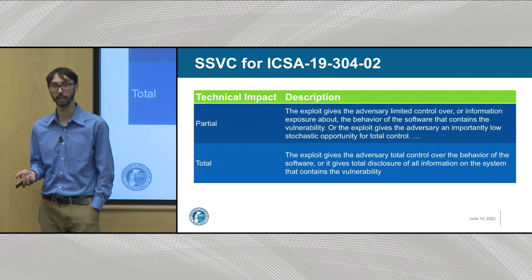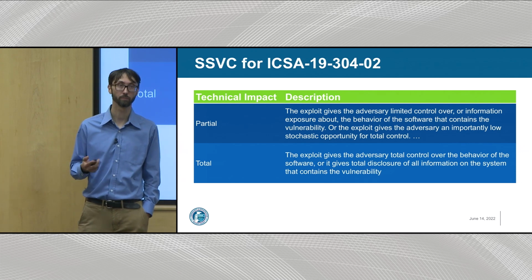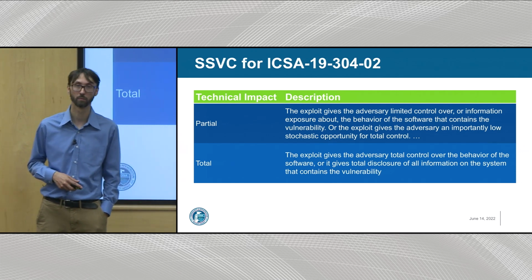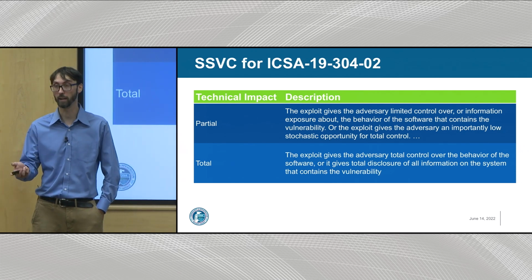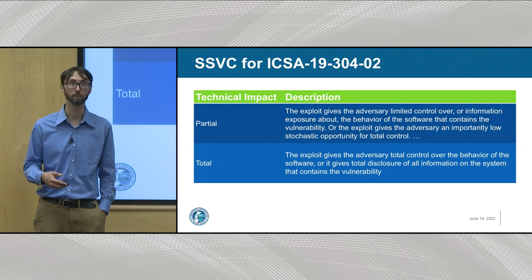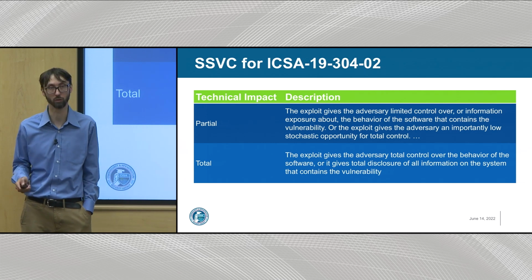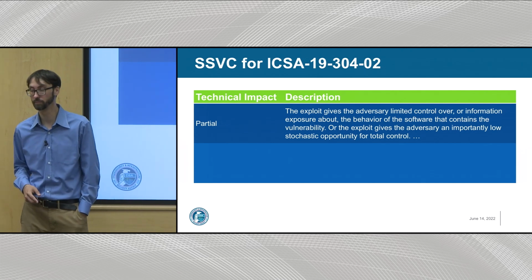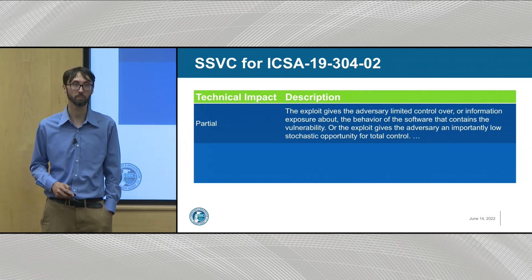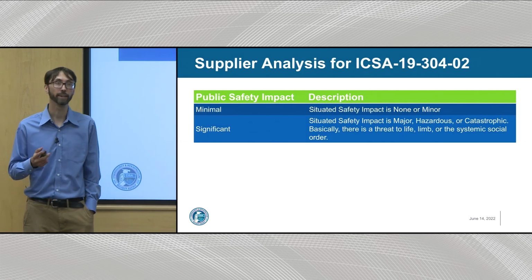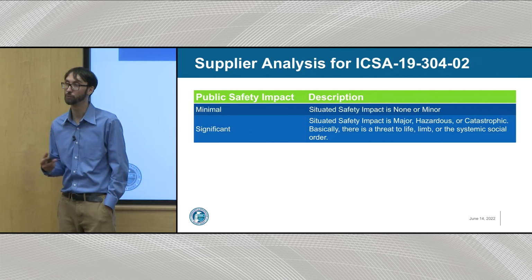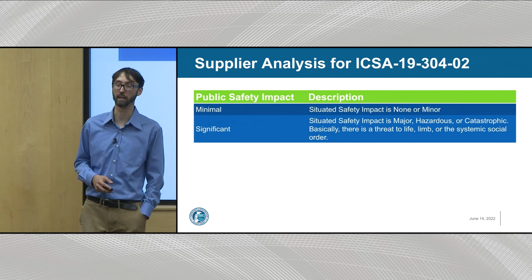Now, denial of service. Is that partial or total control? Well, you can deny service, which is some kind of control, but you can't make the camera run whatever code you want, which would be total control. So this is partial. Finally, what's the public safety impact for cameras being able to be turned off?